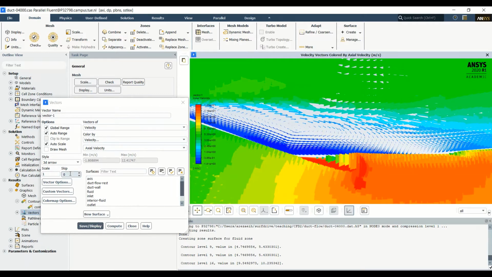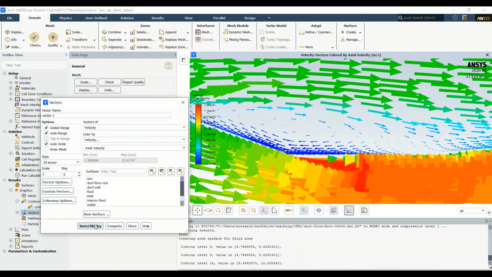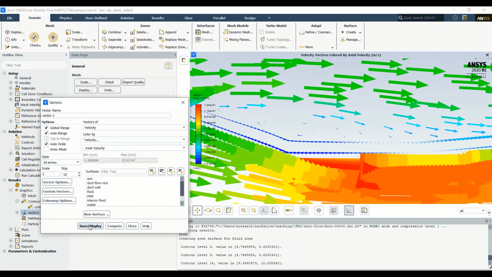We can skip some of the vectors. So I put 5, and then I display again. Some of the vectors are skipped, and then I think we need to skip a bit more, because in this region especially we have a lot of vectors. So I skip 10.